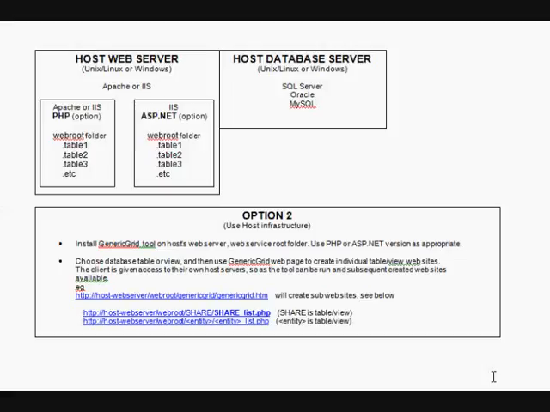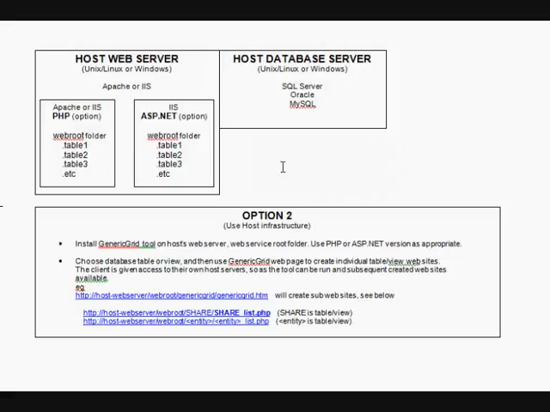Okay, this is the second option of using the GenericGrid. You can use a hosting web server where it's set up like a client server where you have Apache, IIS or Windows or Linux. It's a similar setup to what you have at your own organization, but it's hosted externally.